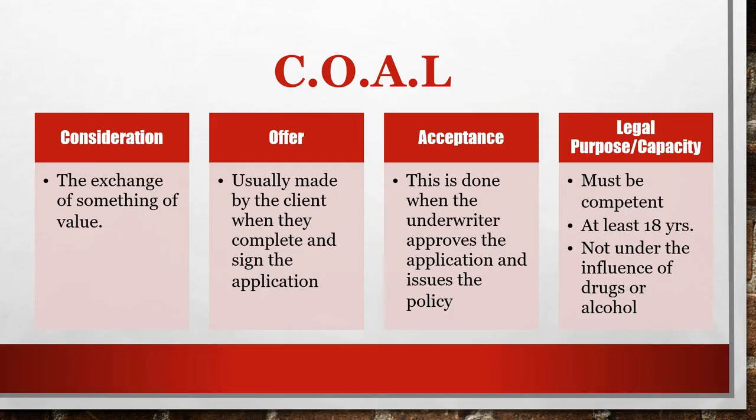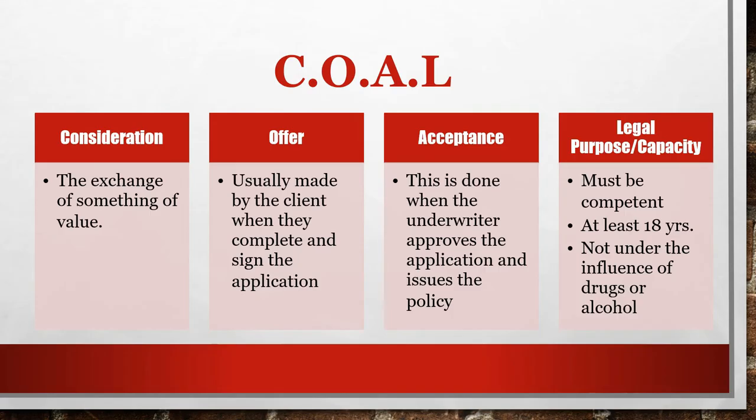So the offer is actually the first element of a valid contract. The reason that you have the acronym CALA is to remember all the elements, but the offer should come first. The offer consists of the arrangement being made. After the offer is exposed, then there must be an acceptance from the other party.